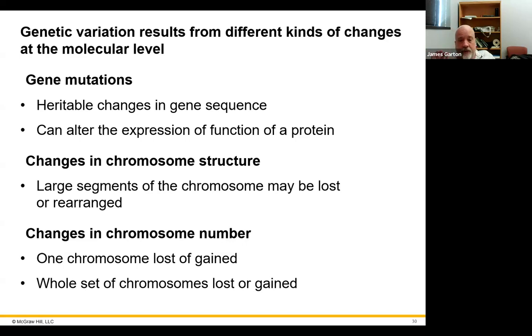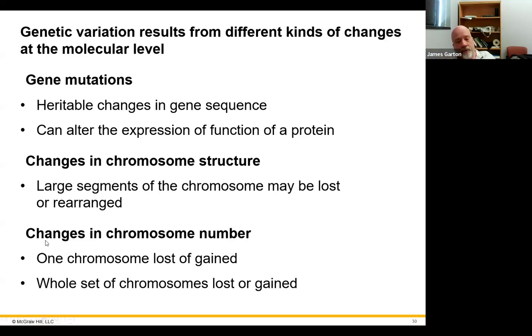You can have changes in the level of chromosome number. And this is usually detrimental. You can lose or gain an entire chromosome. Or you can lose an entire set of chromosomes. So in the case of humans, that means you would have lost all 23 copies of one chromosome, or you have 23 in excess.